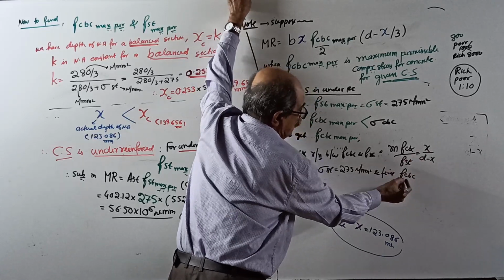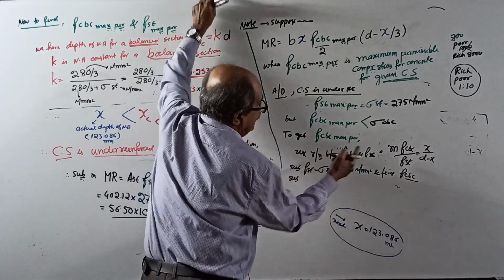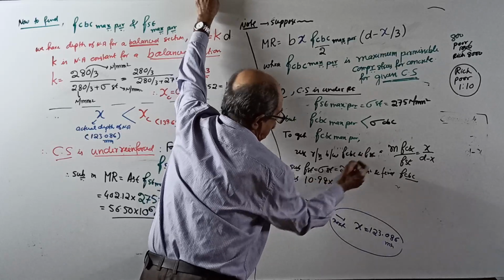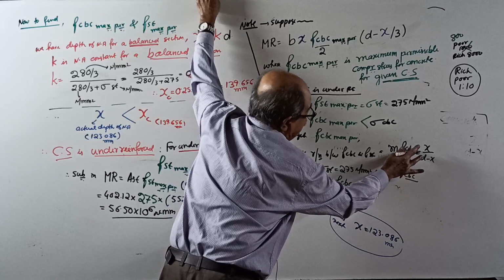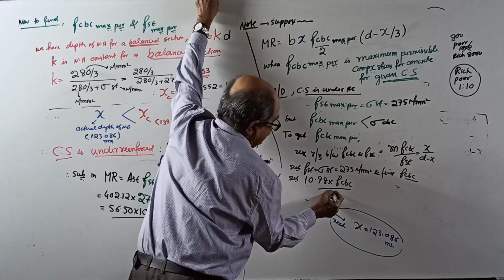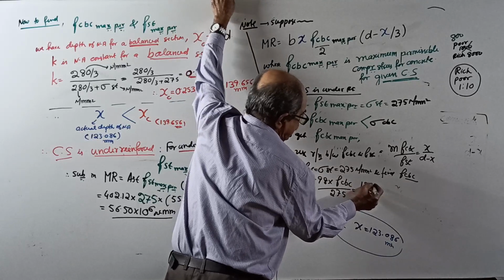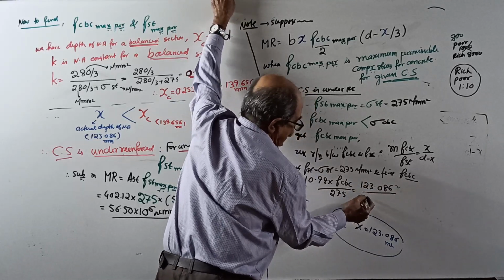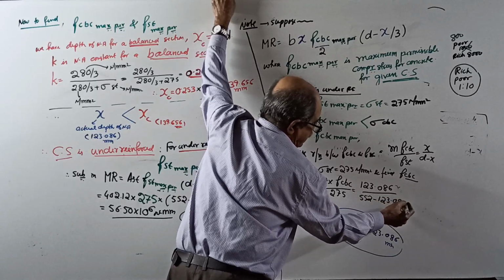Substituting in this equation, m is 10.98, FCBC divided by FST, 275, equal to X, 123.086, divided by 552 minus 123.086.